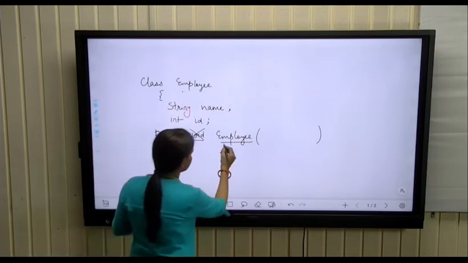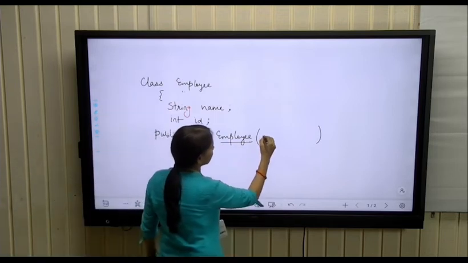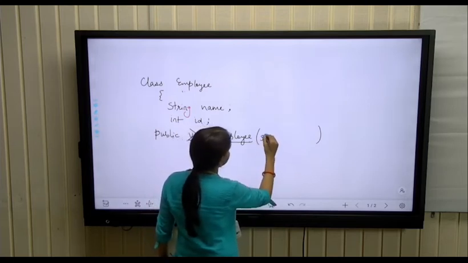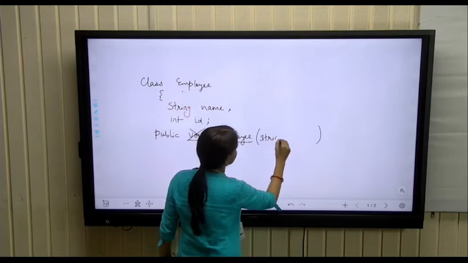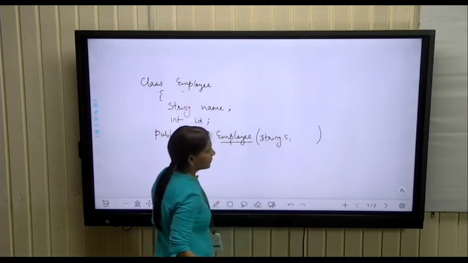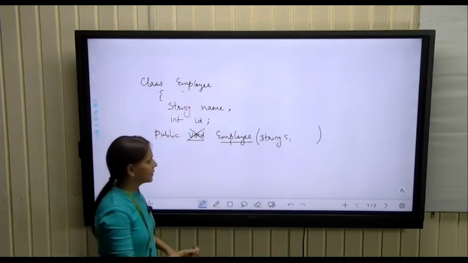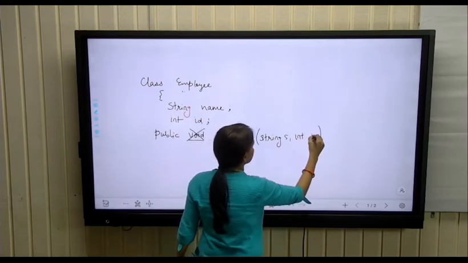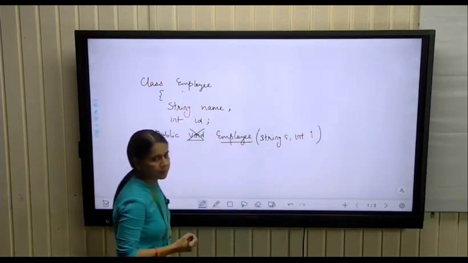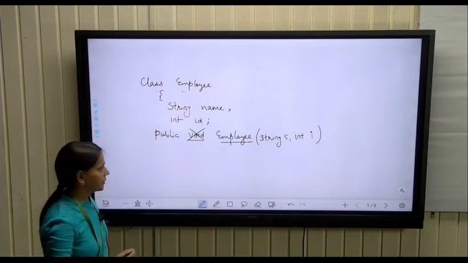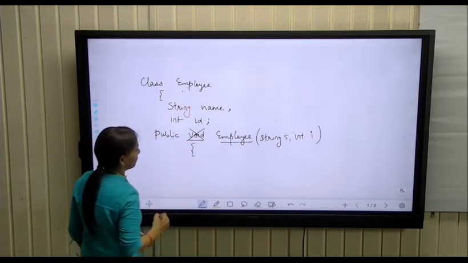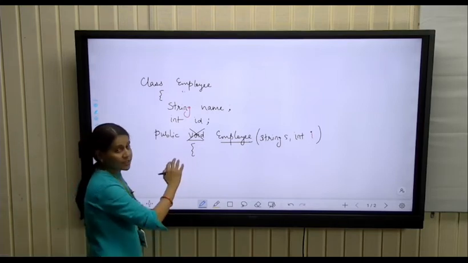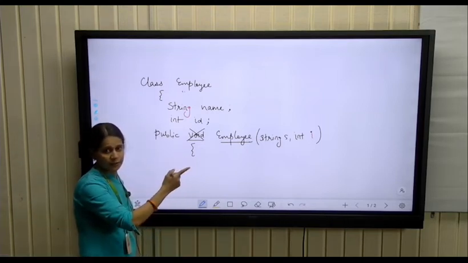So see, this is the constructor and we pass String s, another variable, and integer I. This is how we work with the parameterized constructor for initializing the object's properties.